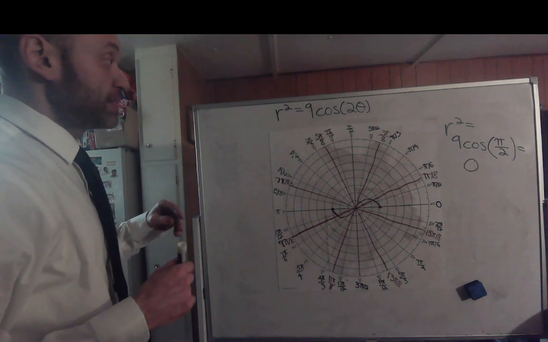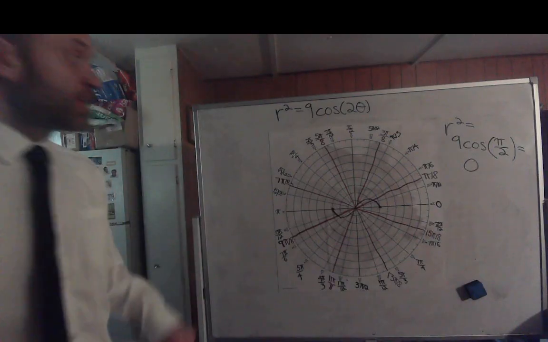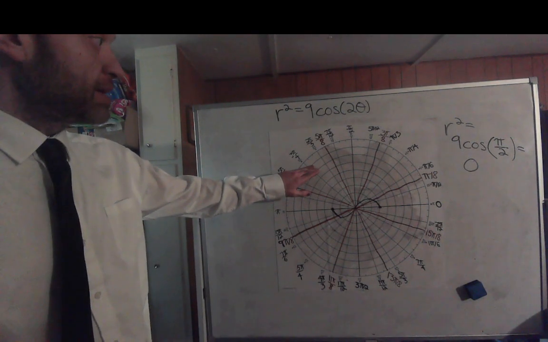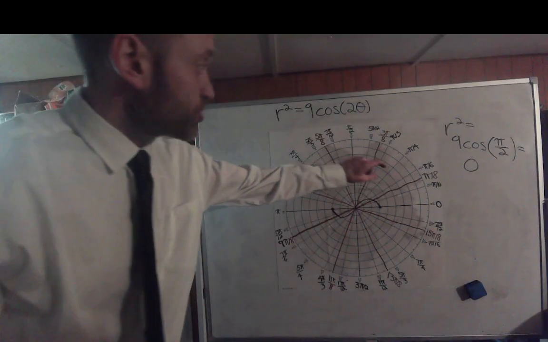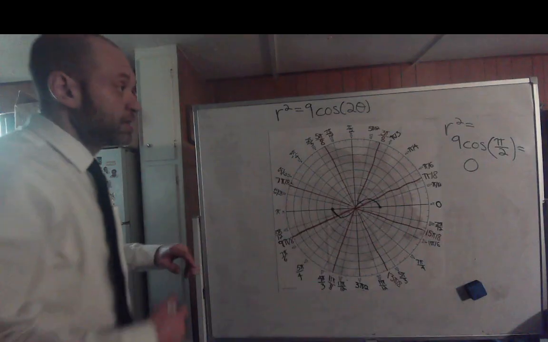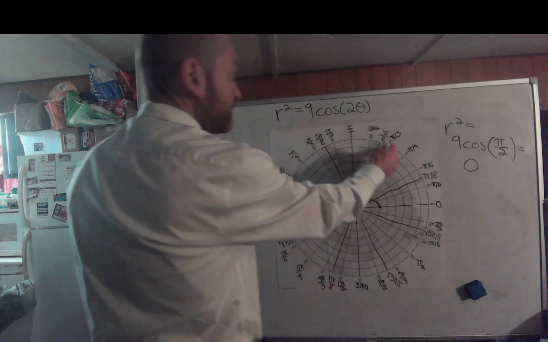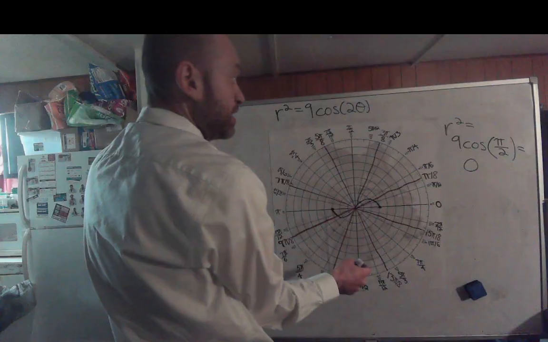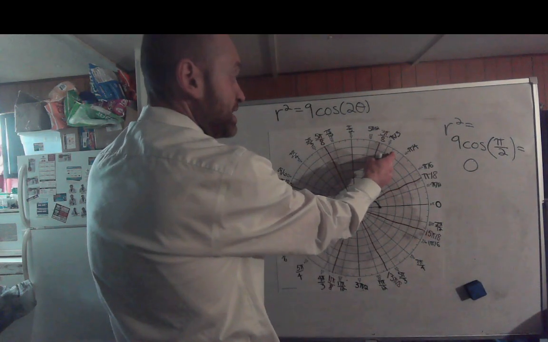Now here's the thing. Actually no, I need to do pi over 3. Pi over 3 is undefined, because 2 times pi over 3, that's a negative cosine. We can't take the square root of a negative.